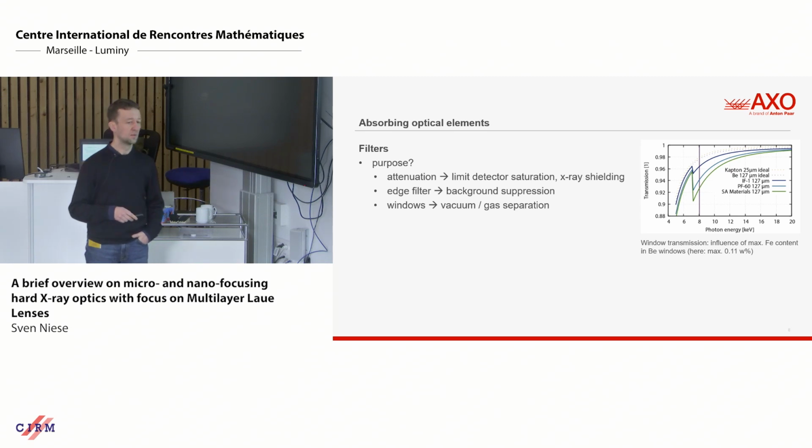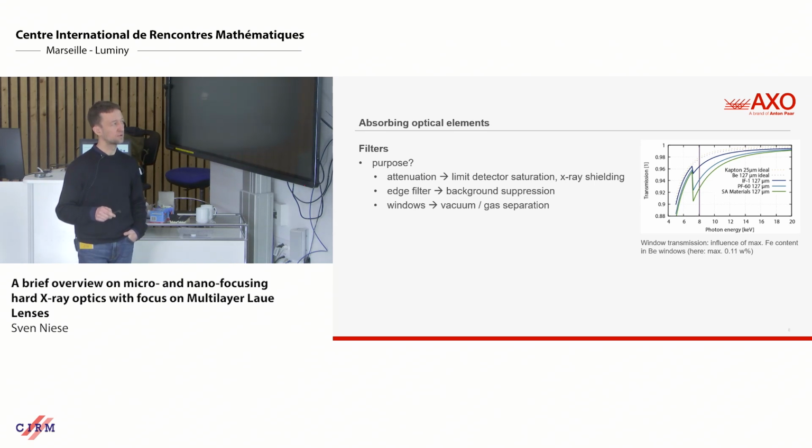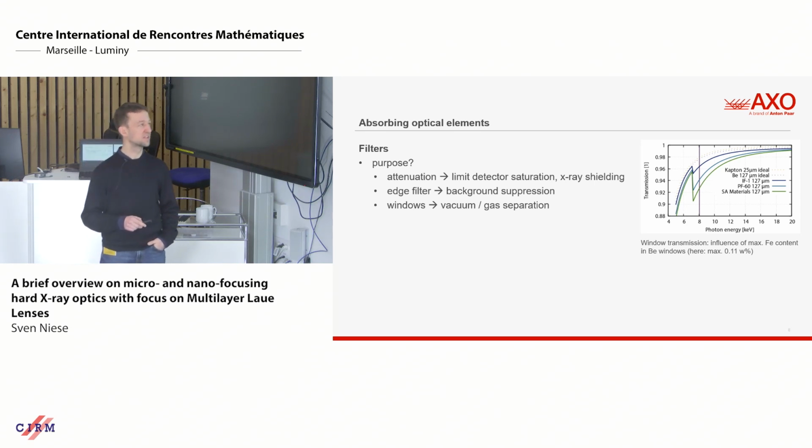For X-ray tubes, typically there are beryllium windows, and some time ago I looked into the purity of those beryllium window foils that are commercially available. For the ones that we had, the maximum weight content of impurities was on the order of 0.1%.